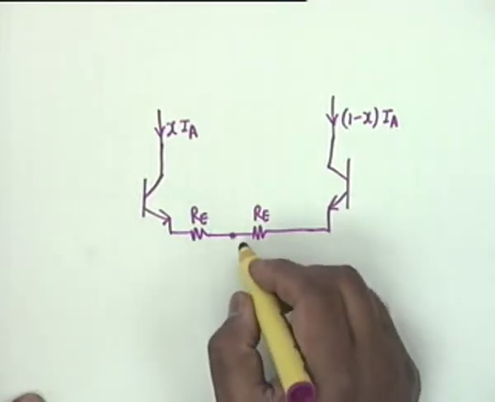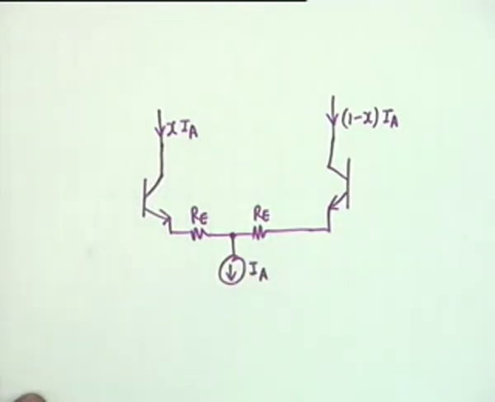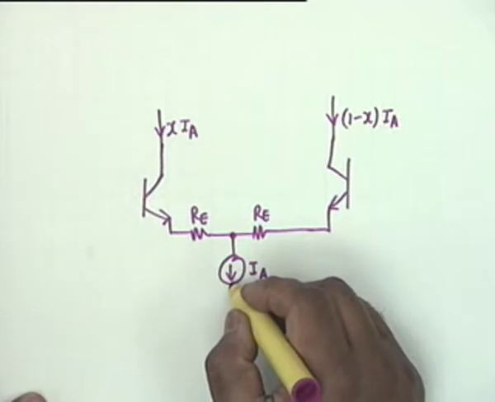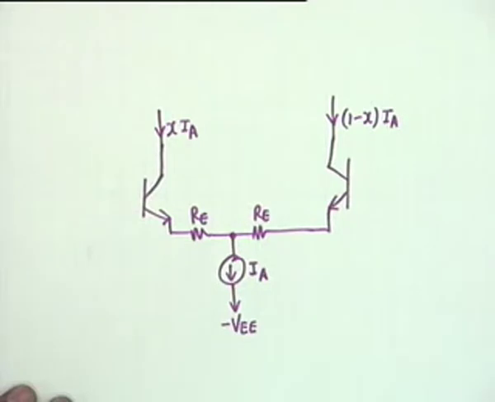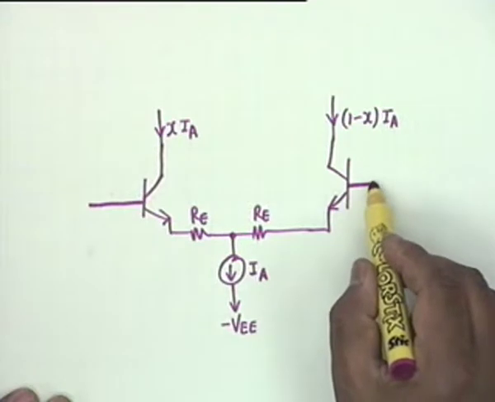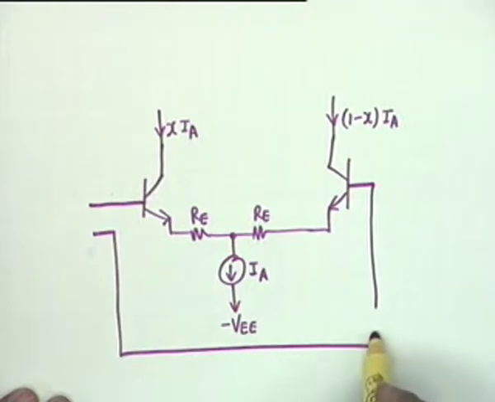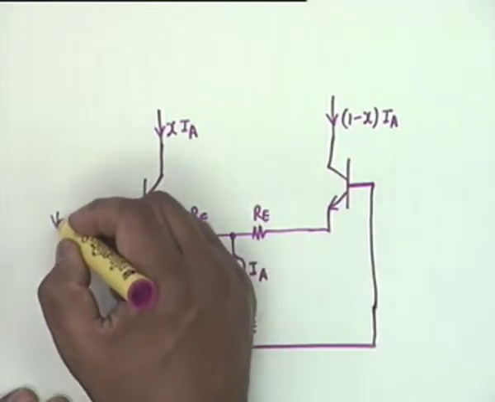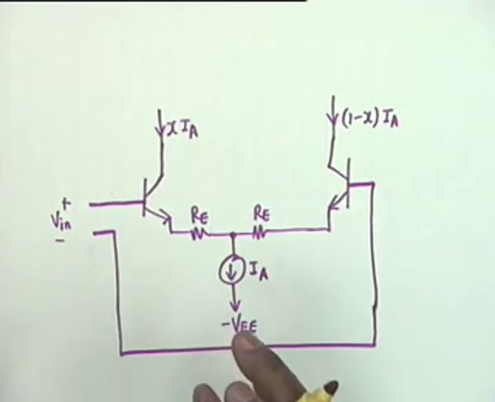And the middle point is connected to a current source I sub A, which goes to a minus VEE, a negative supply. Now, between these two bases is applied an input voltage V in, plus minus. This is how those two current sources X I sub A and (1 minus X) I sub A are created.